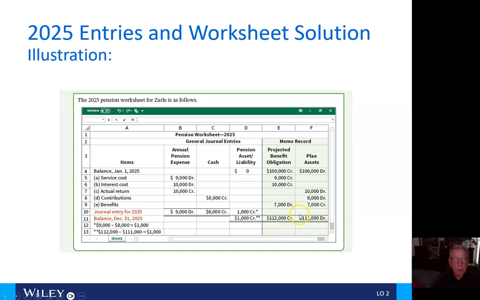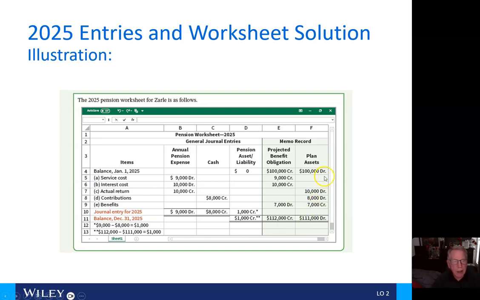$1,000. For projected benefit obligation, we start with a credit of $100,000, add the $9,000 and the $10,000, and debit $7,000 for benefits paid. And that gives me $112,000.